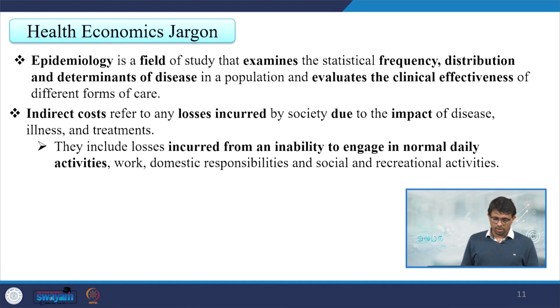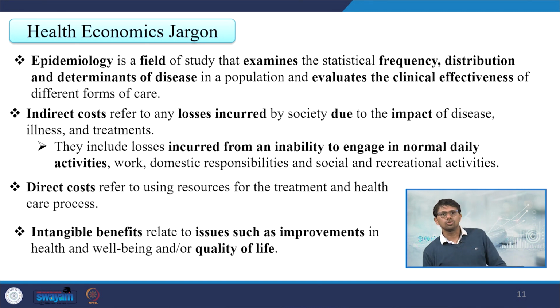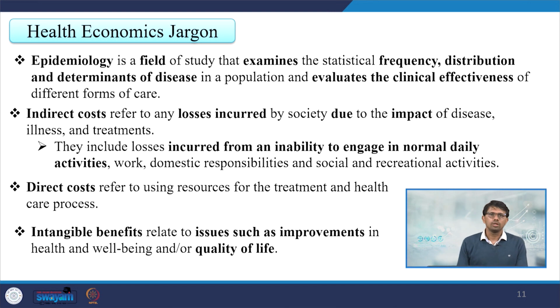They include losses from an inability to engage in normal daily activities, work, domestic responsibilities and social and recreational activities, etc. Direct costs are also explained. This uses resources for direct treatment and the healthcare process.